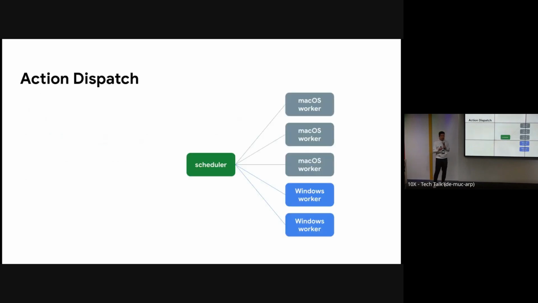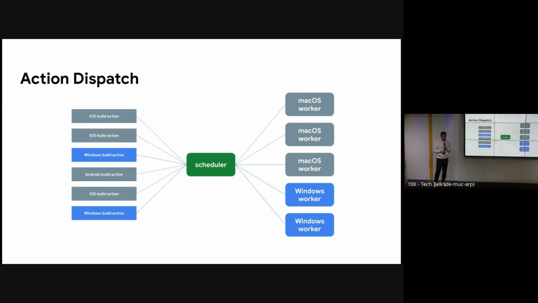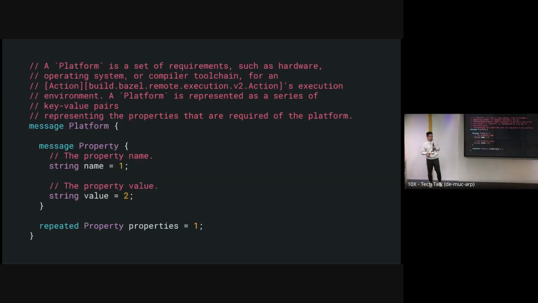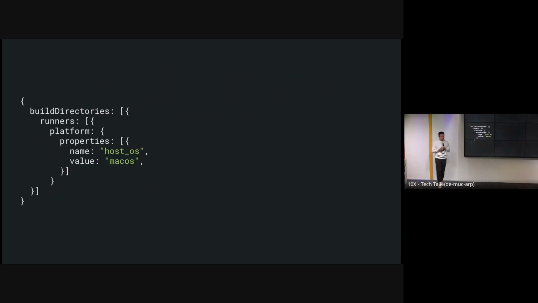Now we have workers running on both macOS and Windows. We need to match the build actions with the correct workers. The Bazel remote API has platform properties defined for this. So if we have a worker defining a property named host OS with the value macOS, the actions that also contain the host OS value set to macOS can be accepted by this worker.